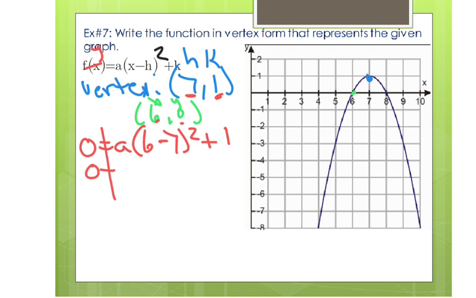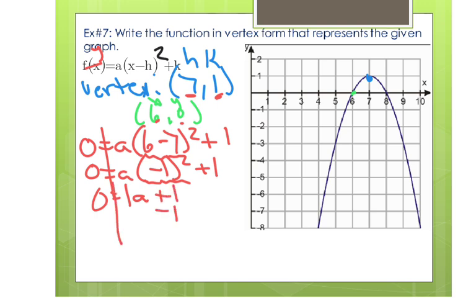So 0 equals a, parenthesis, 6 minus 7 is negative 1 squared plus 1. 0 equals, so negative 1 squared, negative 1 times negative 1 is just positive 1, a plus 1. Subtract 1. 0 minus 1 is negative 1 equals 1a. Divide by 1, and a equals negative 1.